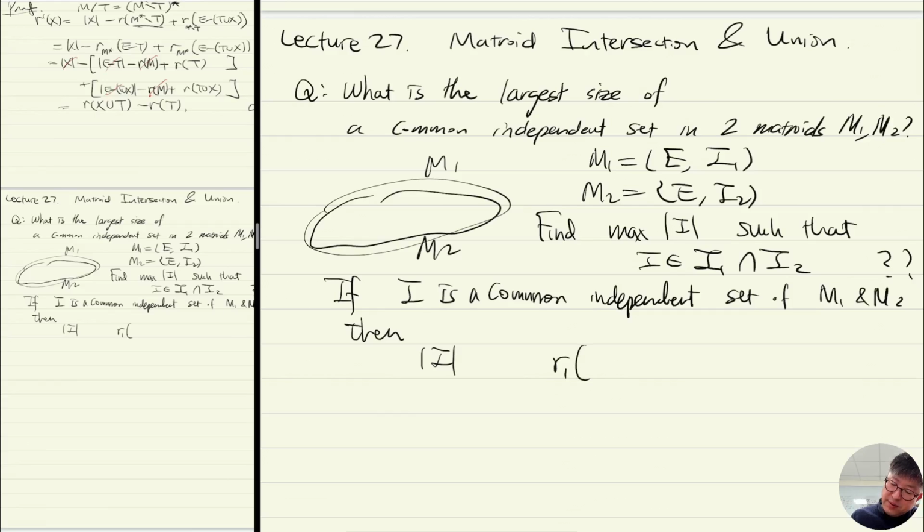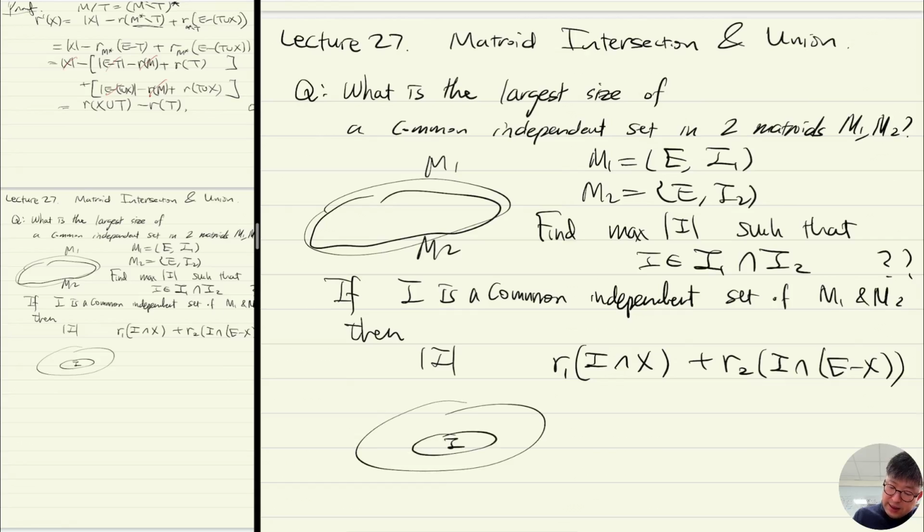Let's compare I intersection X and I intersection E minus X. So I have a set I, and this X is some subset of E.